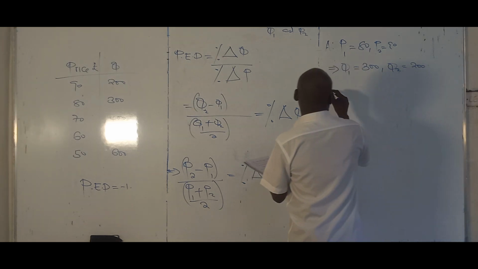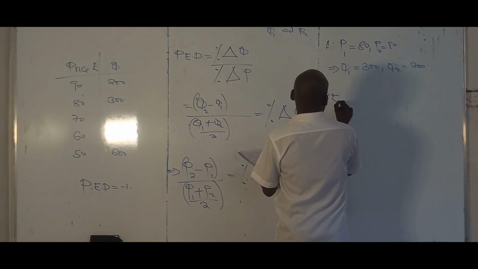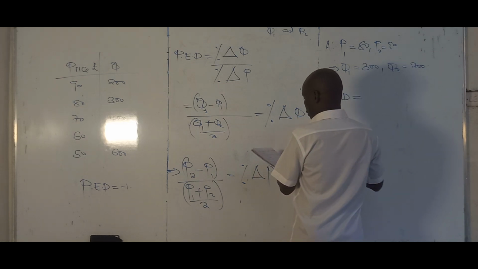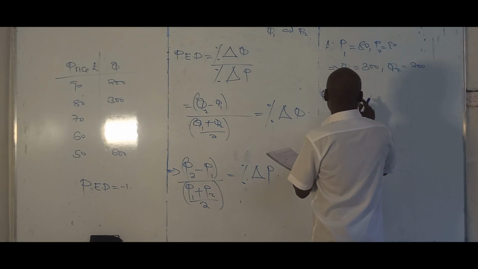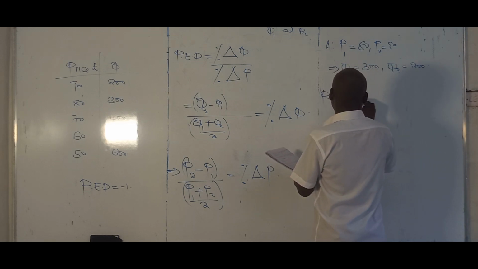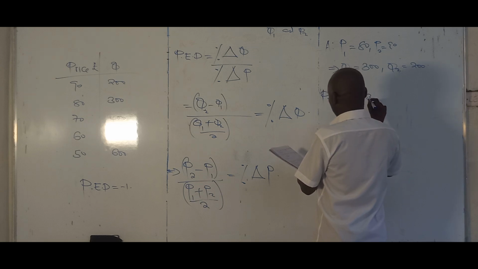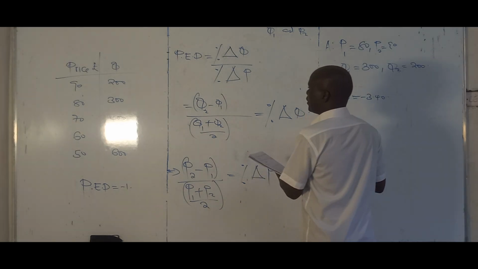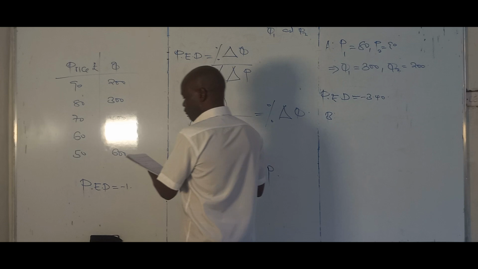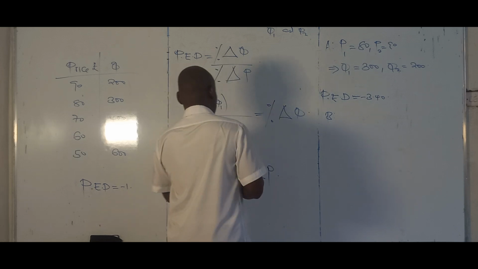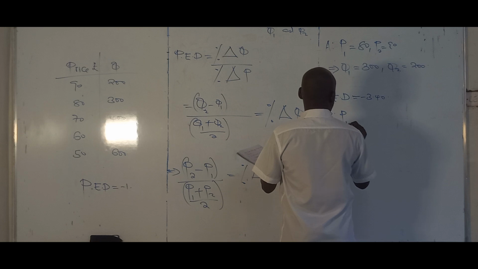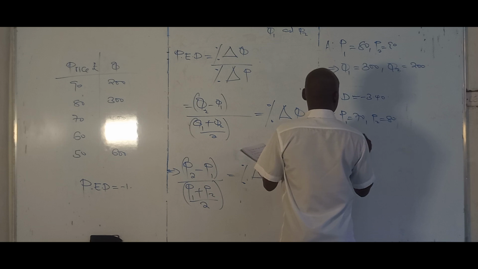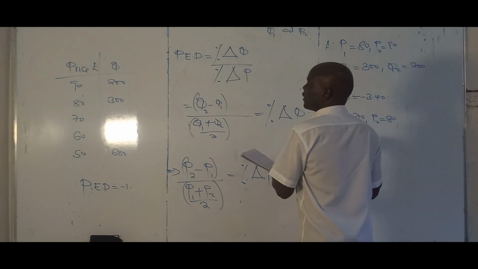Now, if you do that successfully, you should find that price elasticity of demand that corresponds to scenario A will be approximately minus 3.40. For B, we do the same thing. For B we consider price movement from 70 to 80. So P1 is 70, P2 is 80.